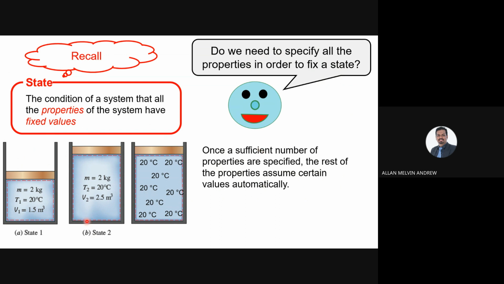Each state will have prominent properties that you need to set. In this condition, mass, temperature, and volume are the prominent ones. But the system will have other non-prominent values also, like maybe the pressure.